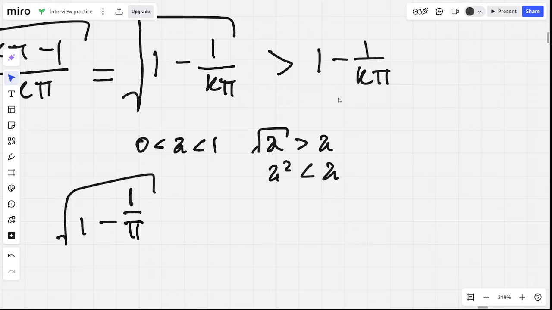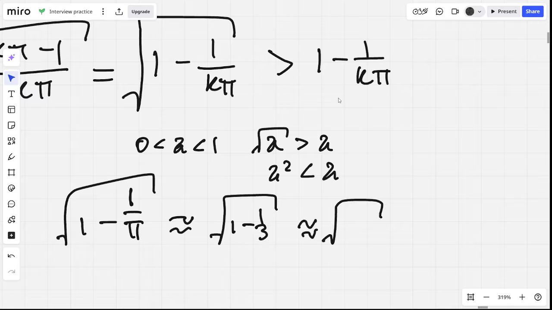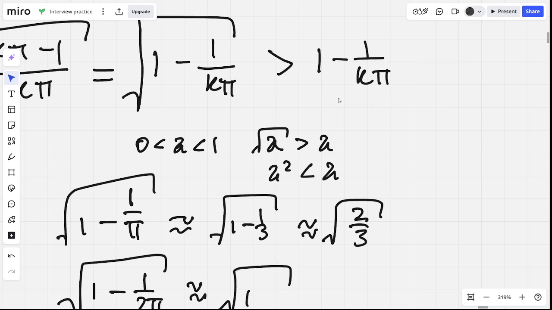Let's square root that. That's roughly the square root of 1 minus a third. I am going full on engineer mode, and there's probably a better way to do this, but it is what it is. And let me try 1 minus 1 over 2 pi, which is roughly 1 minus a sixth. This is 5 over 6.